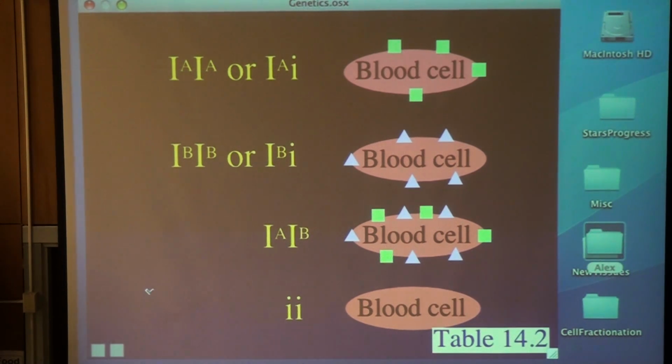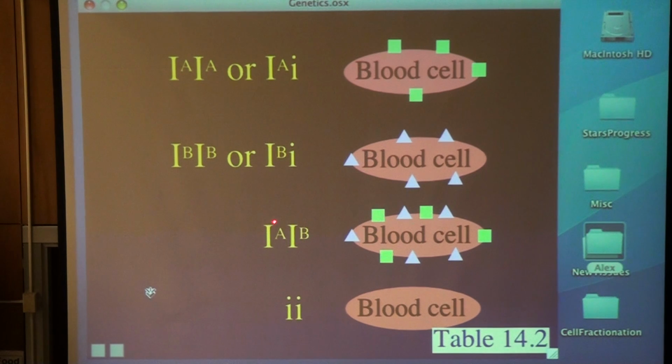Oh yeah, and that's called blood type A, if you have just the A antigen on your cells. If your genotype is capital IB, or capital IB little i, then you have functional copy or functional copies of the dominant allele that makes the B antigen, so you're blood type B.